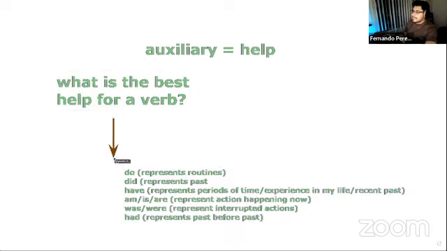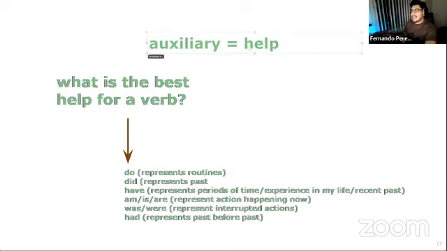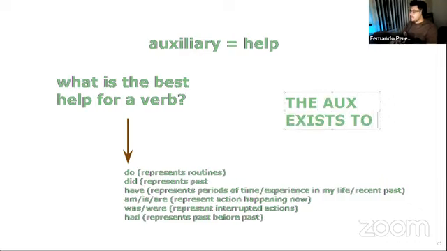So you need to remember that the auxiliary exists to help the verb. Attention, take a note. The auxiliary exists to help the verb.